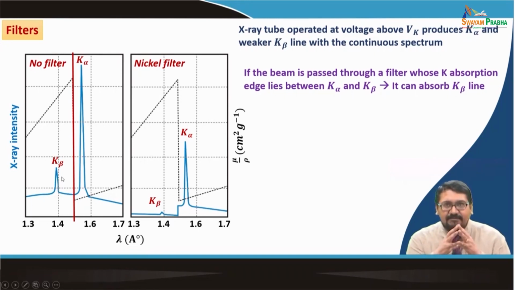Then it can absorb the K beta line and excite its K shell, meaning this radiation can give enough energy to that filter metal so that its K electron is ejected out, and if any electron from the L or M shell falls on this K shell of this filter metal, then that characteristic radiation is dispersed everywhere, and it will not go to the detector.